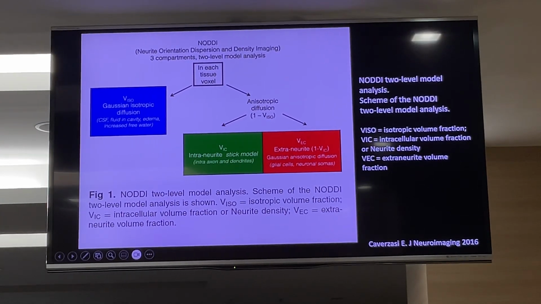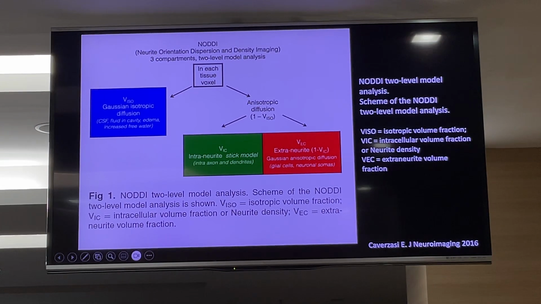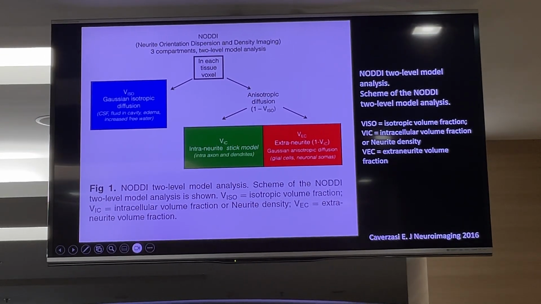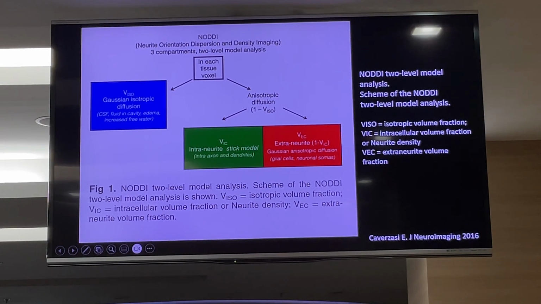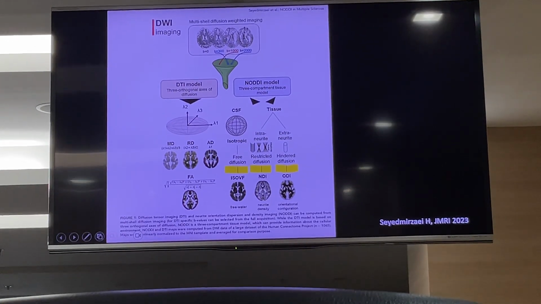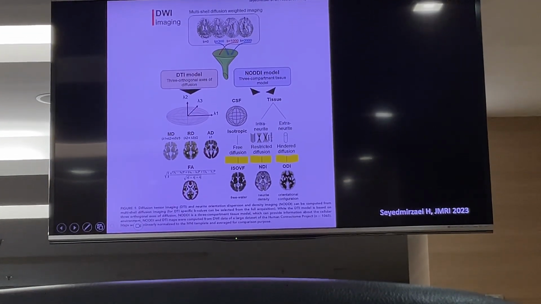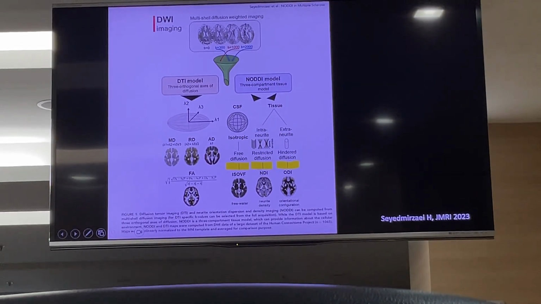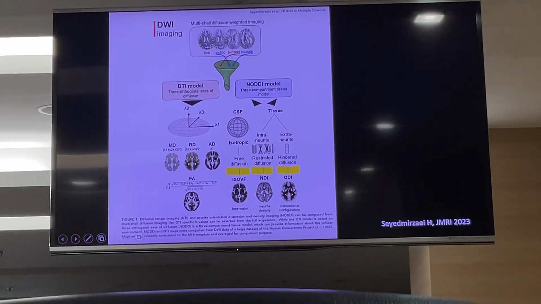One is Gaussian, like the isotropic component. The other is anisotropic diffusion comprising an intra-neurite submodel and also extra-neurite. Some people call that restricted diffusion for intra-neurite and hindered diffusion for extra-neurite.